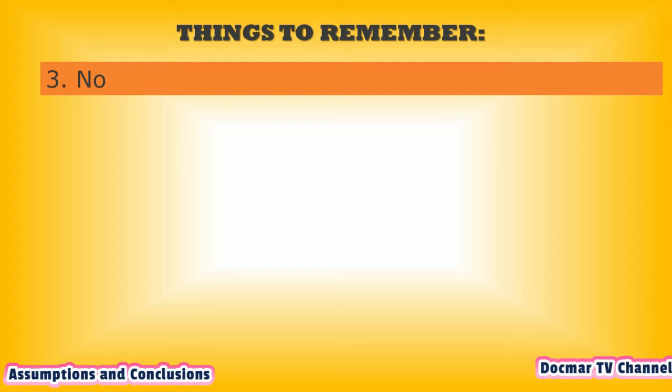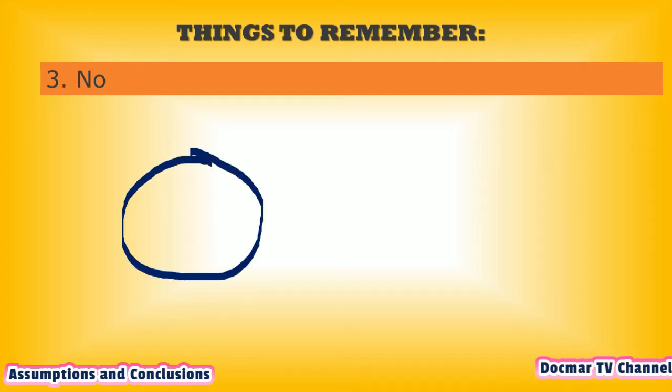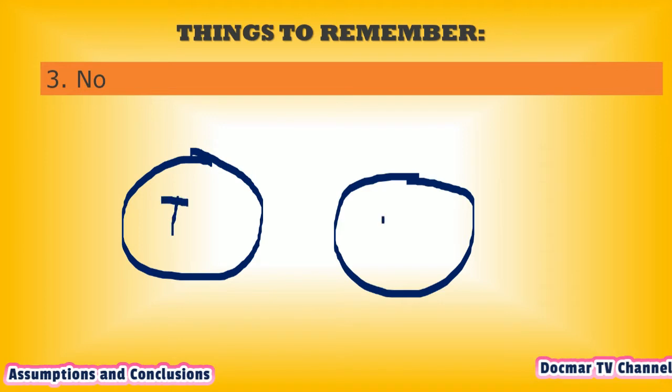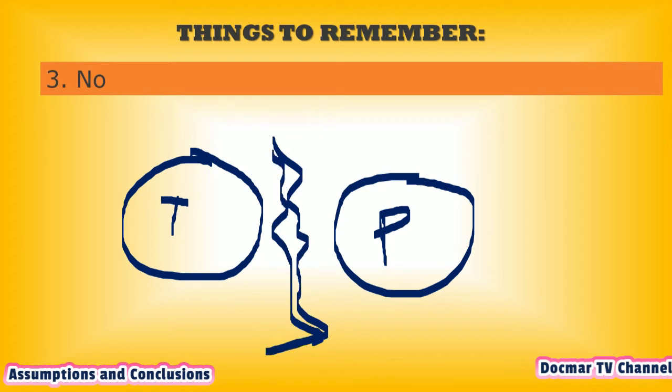No teachers are policemen. So another one is, according to the author's idea, no teachers are policemen. So this is a teacher and this is P for policeman. So what you can see is no connection between the two important words in our topic.